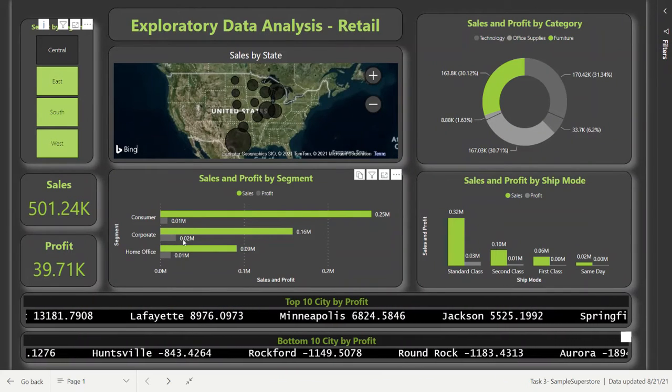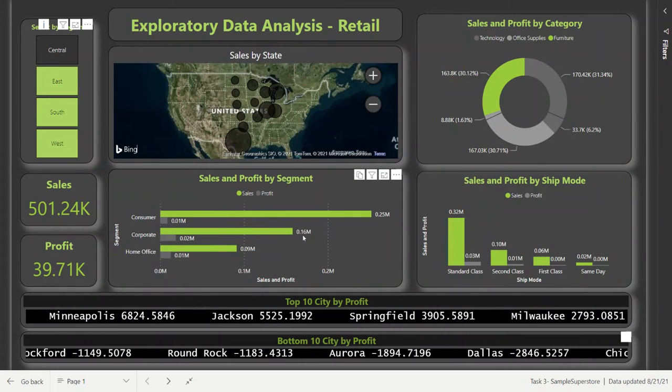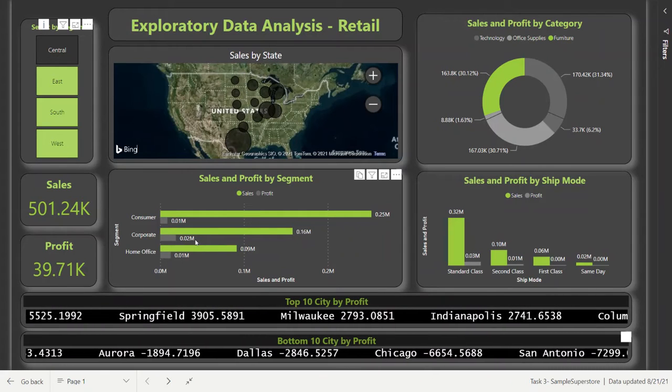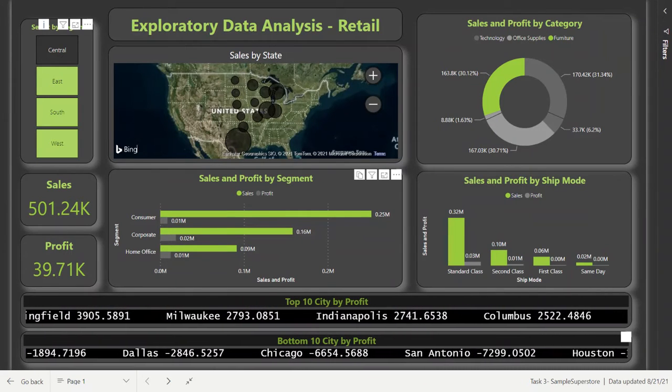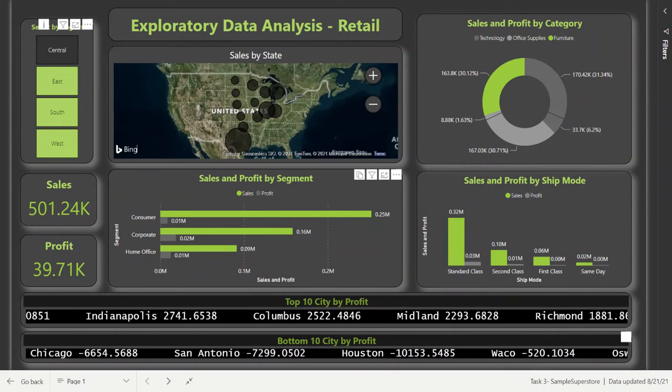Through corporate, we get sales of only $0.16 million, but our profit is great, approximately $0.02 million.